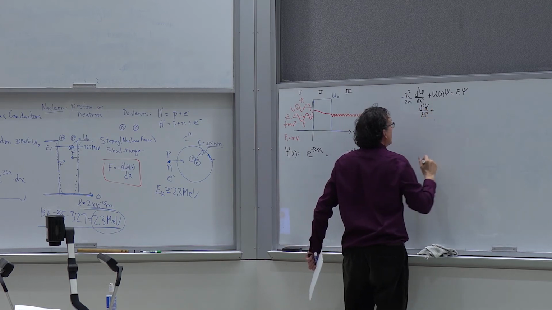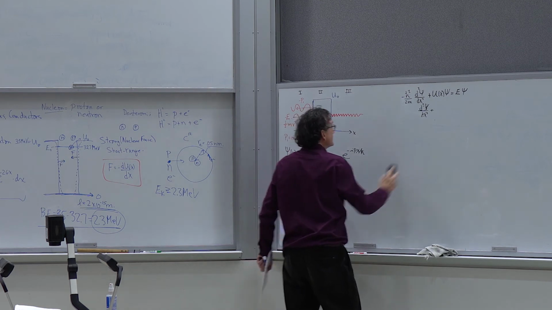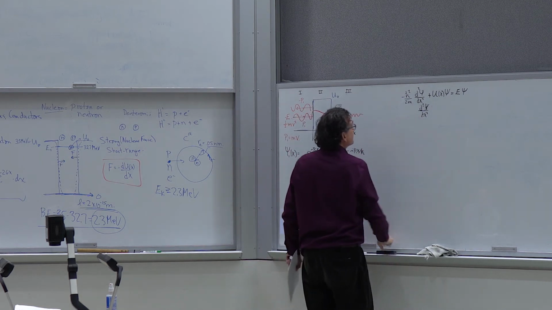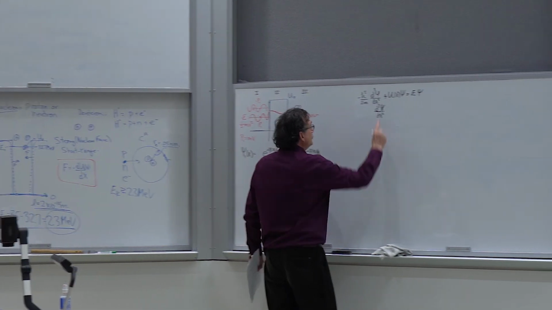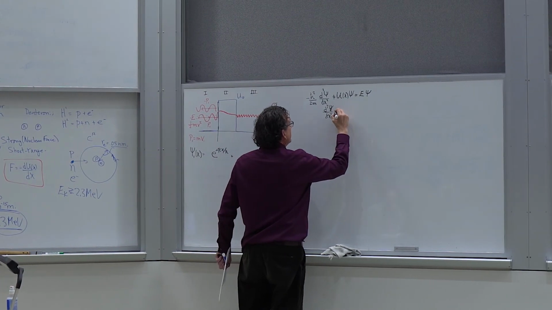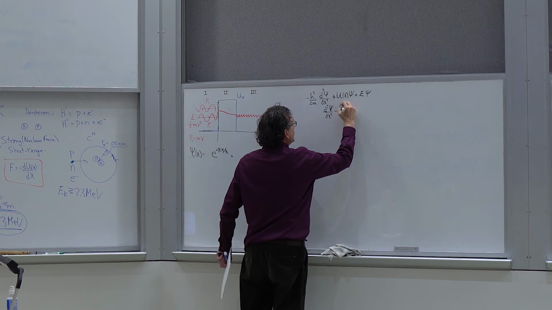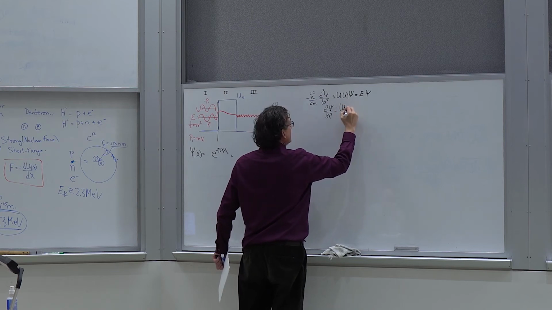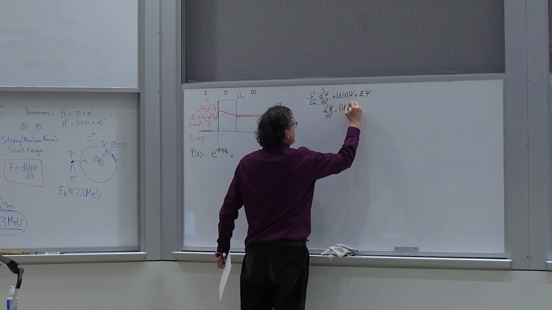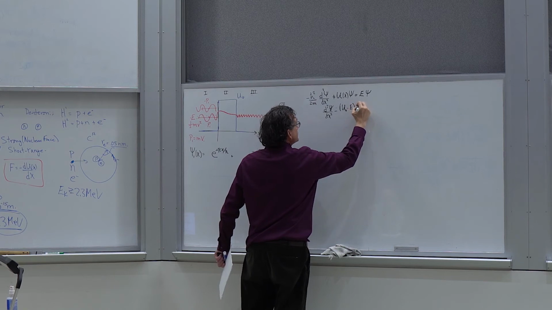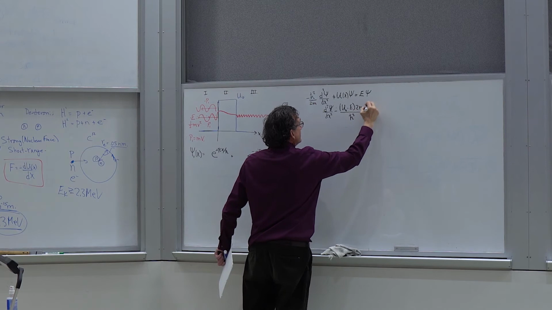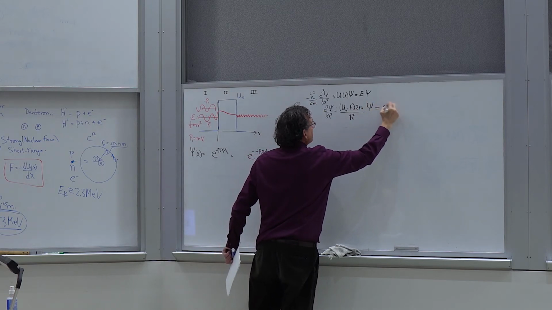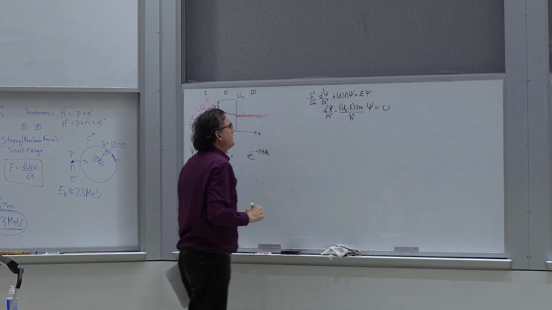plus... let's do it one more time. Let's say, for example, we are in the forbidden region where U is greater than E. Then this becomes minus (U0 minus E) times 2m divided by h bar squared times psi equals 0. Okay? So we've had this before.